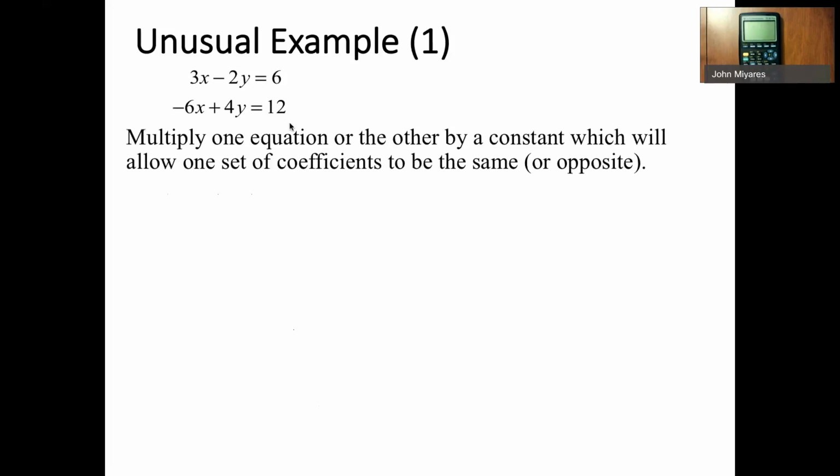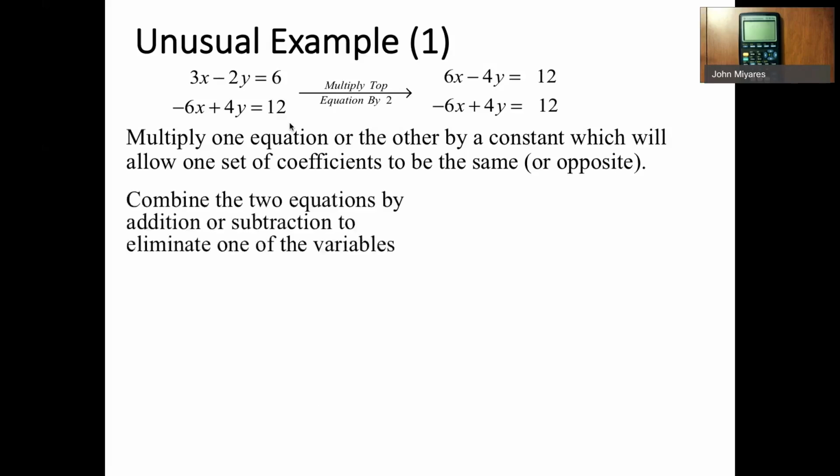In this case, we can multiply the top equation by 2, which will make the 3x become a 6x, and I can see that it will cancel right away with the negative 6x in the second equation. So if I multiply the top equation by 2, I have 6x minus 4y equals 12. I want to combine that with the bottom equation, negative 6x plus 4y equals 12.